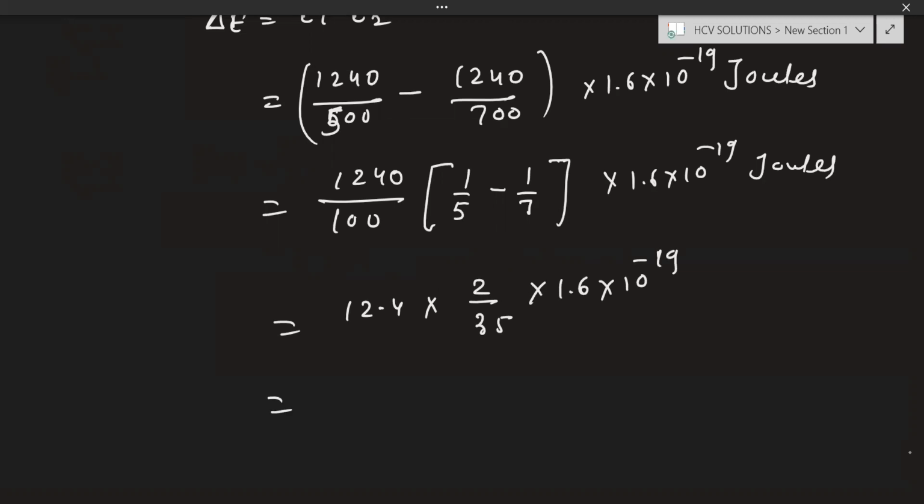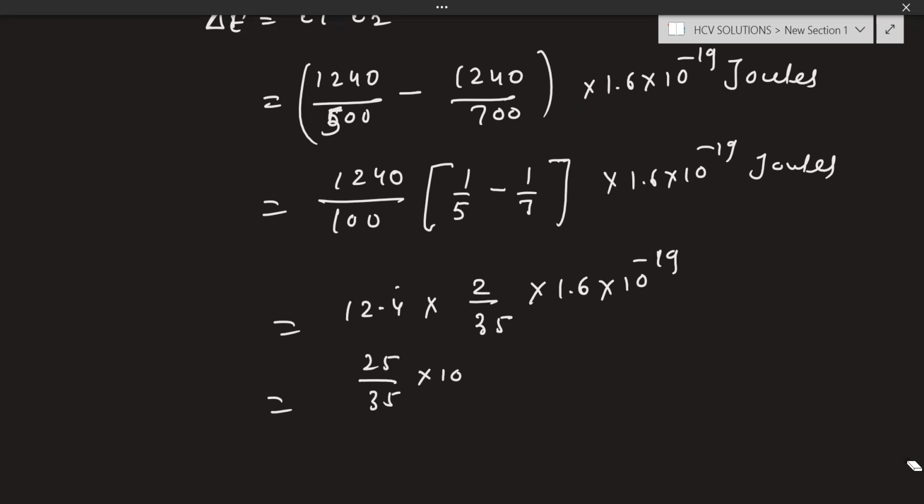So here you will find that 12.4 times 2 is almost 25, divided by 35.